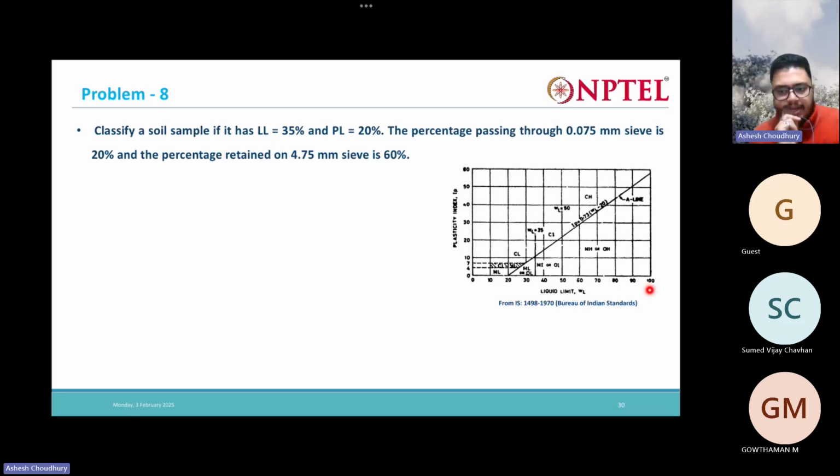Coarse grained soil, right? Correct. Very good. Because more than 50% is greater than 0.075 mm, right? So that's why we are saying that the soil is coarse grained soil. First thing you have done.